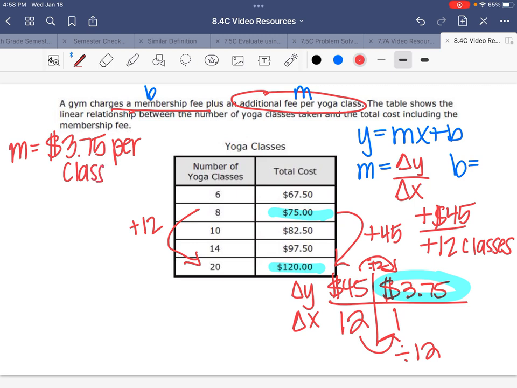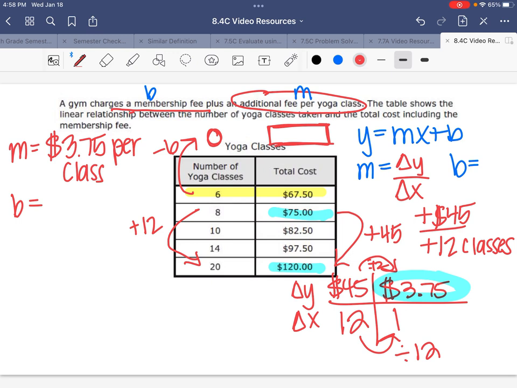But I still need to know what that fee is. I still want to know what b is. And so I'm going to work backwards. I see that I have 6 classes for $67.50. I'm going to use the information I have in my slope. I want to get backwards to 0. I want to know how much it costs me when I've done 0 classes. So I want to subtract 6.